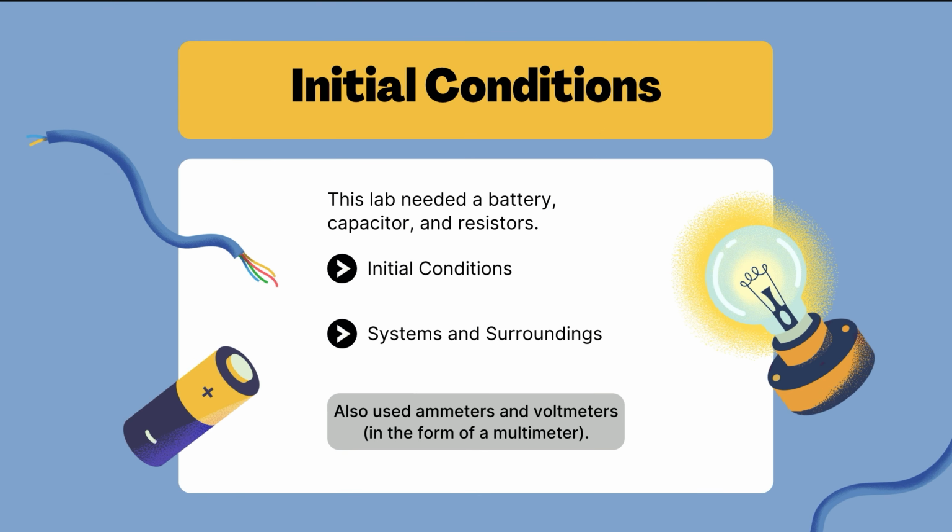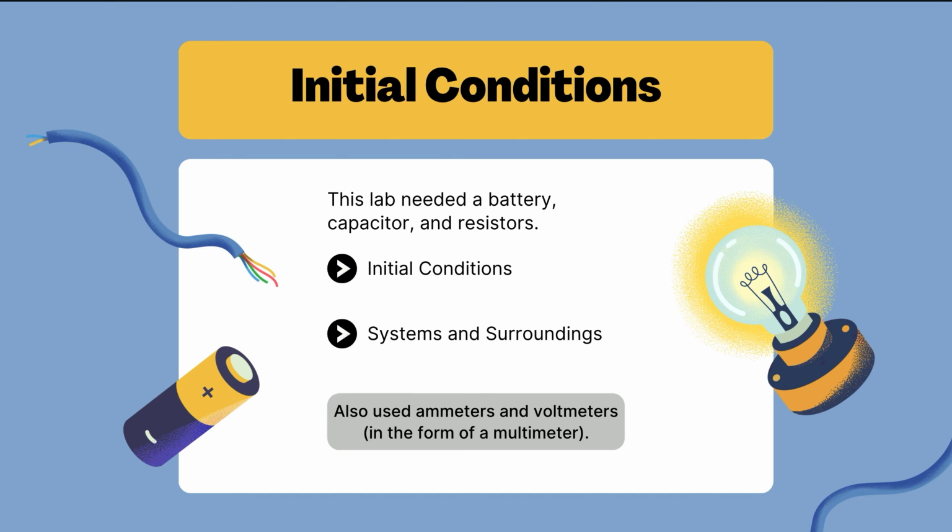So let's talk about some of the initial conditions of this experiment. Our system really just included a battery, resistors, light bulbs, and the capacitor, across all the experiments combined. Initial conditions were that the battery was at 3 volts and the capacitor was uncharged.